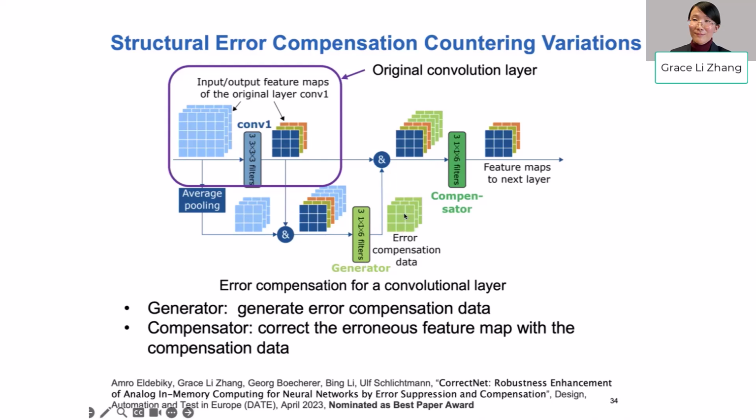This error compensation data is concatenated with the original erroneous output feature map, and a compensator or corrector calibrates it, and the resulting calibrated feature map is correct. We use a generator and compensator, but they are very computationally efficient. We assume they can be conducted in the digital domain, and we only insert a small number of generators in the early layers of neural networks.